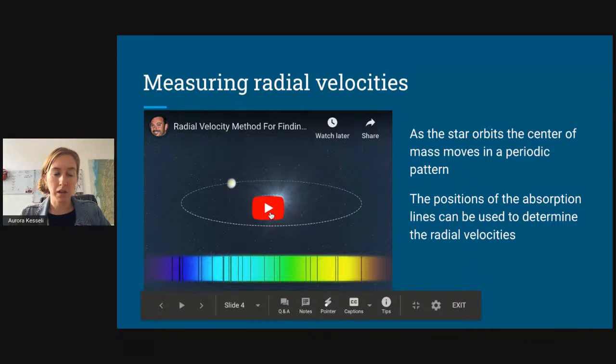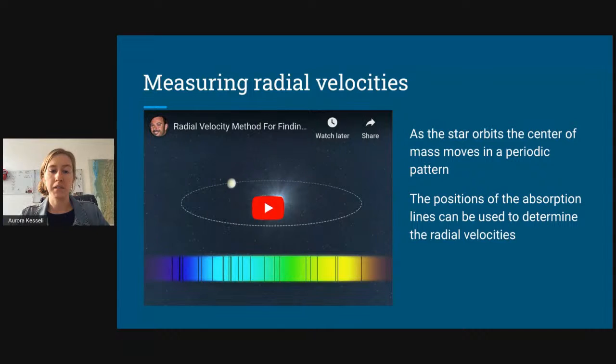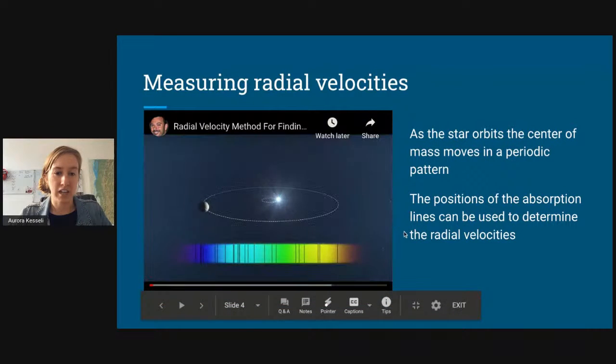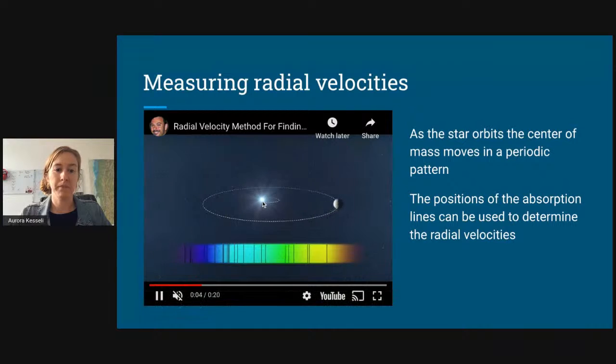To show you an animation of how we actually resolve the radial velocity positions, there's a nice video here. This is showing the light from the central star. The light from the exoplanet is not shown. You can see that as the star moves towards us, the light and the lines are being blueshifted.